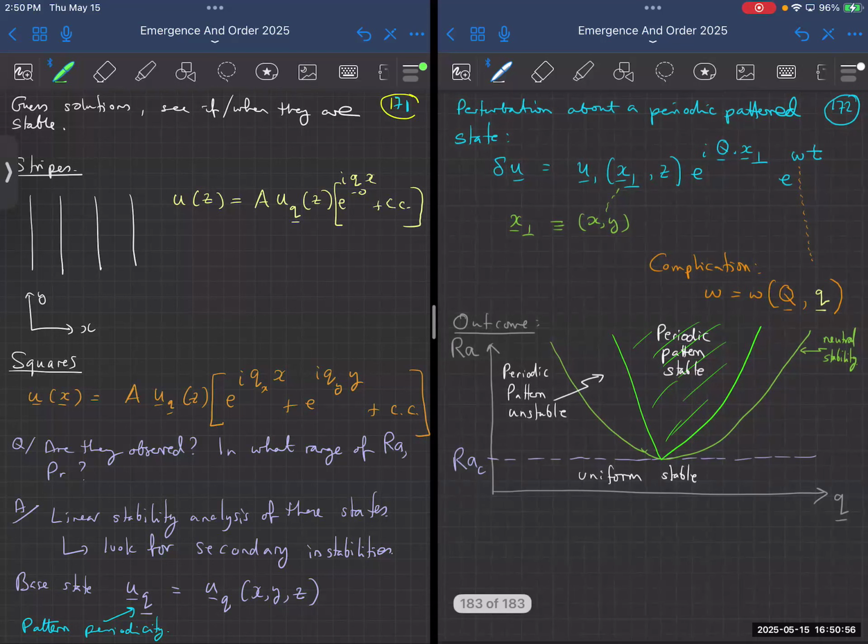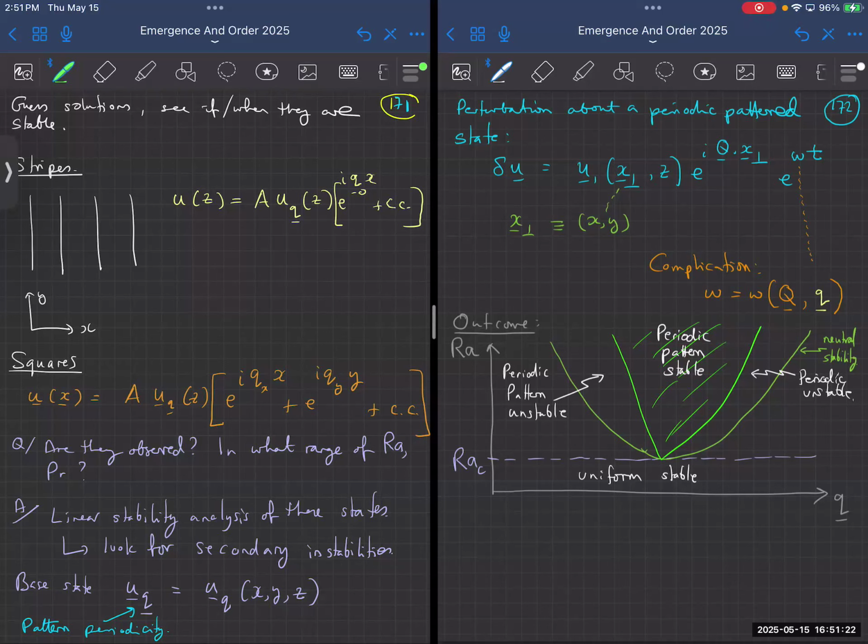So we don't know that the pattern is going to be stable or not. You have to do the calculation, but you know it's a solution. Just because you found a solution of the equations doesn't mean it's going to be observed.